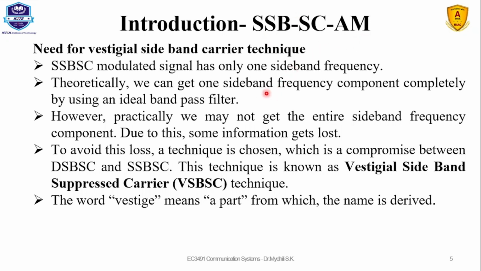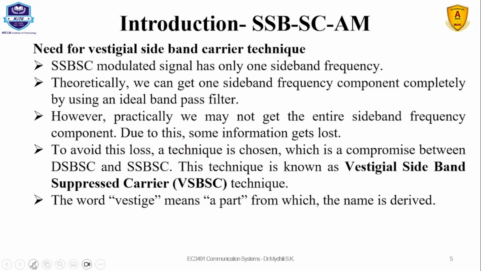Now coming to VSB-SC AM. To avoid the loss which happens due to the sideband suppression of frequency components, we can compromise between double sideband and single sideband suppressed carrier AM.